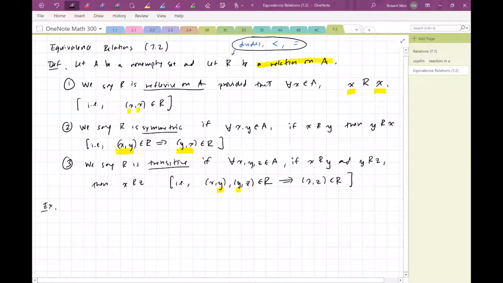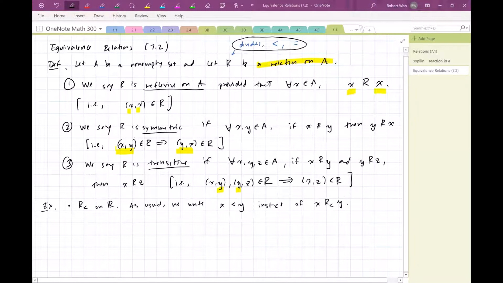So we have the less than relation on R. But as usual, we write x is less than y instead of x R-less-than y, because these mean exactly the same thing.